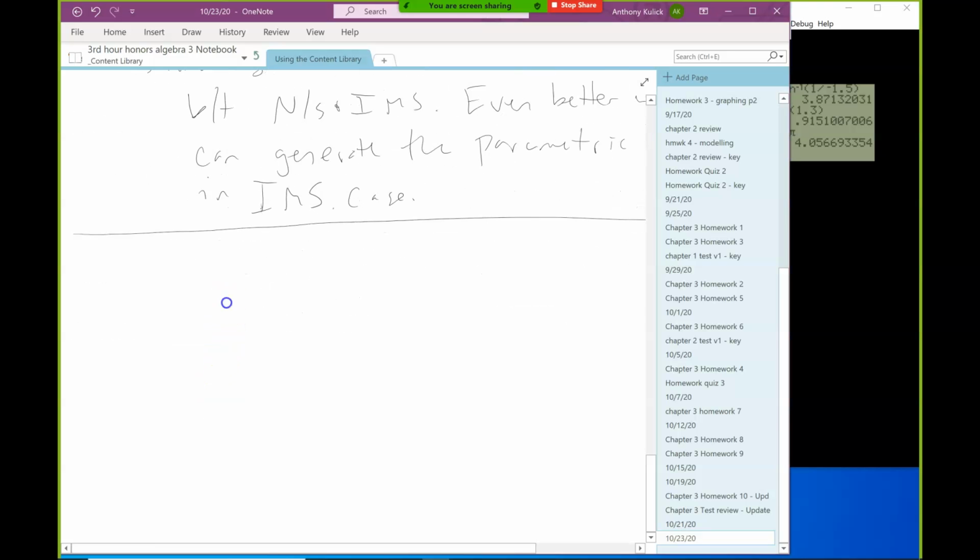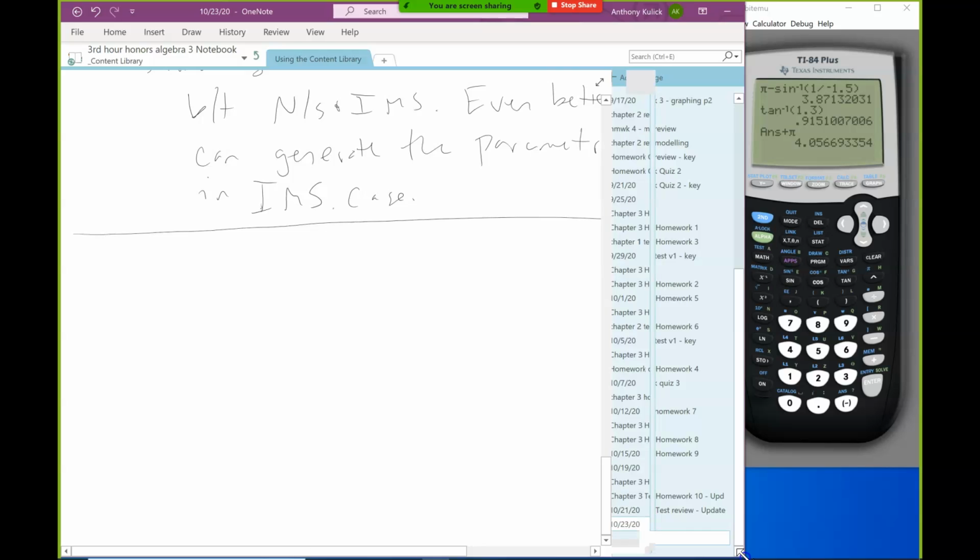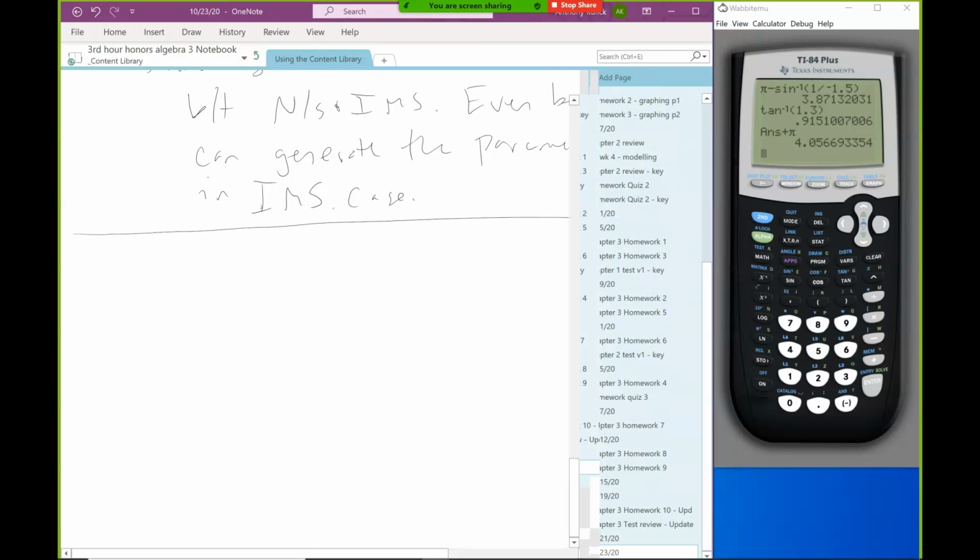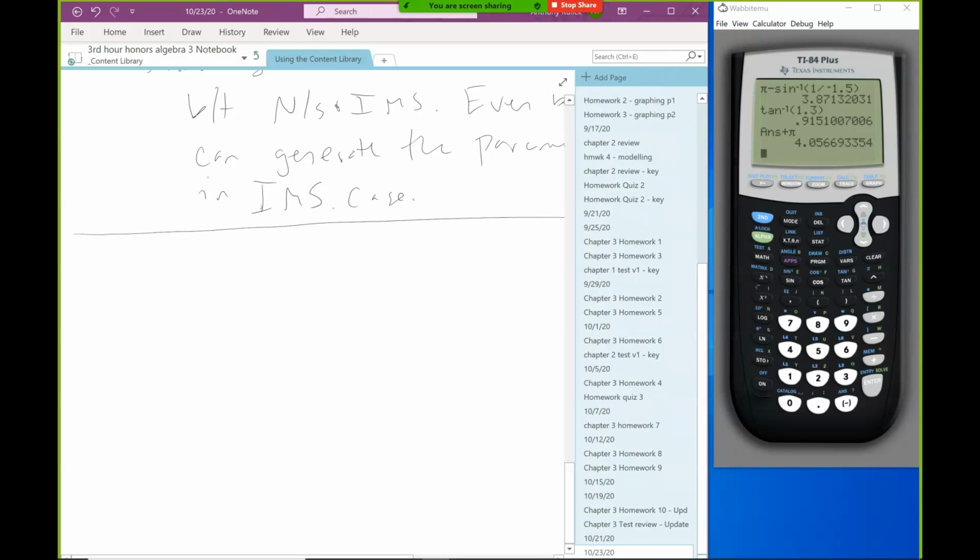Calculator with you, or you prefer to just sit and watch? That's okay too. Of course.